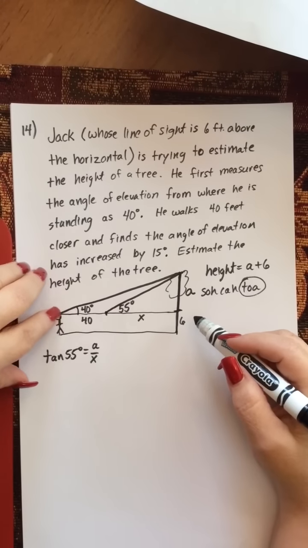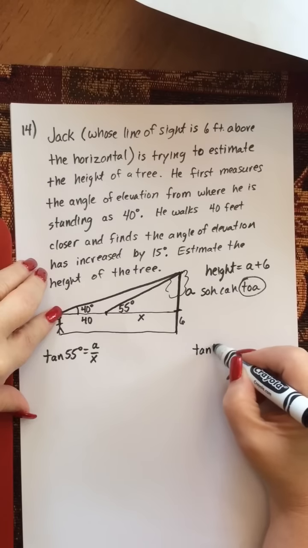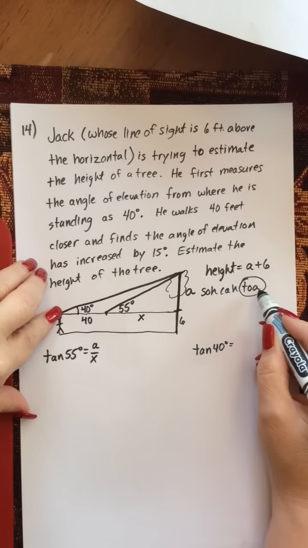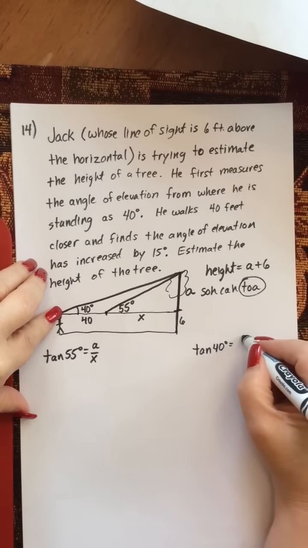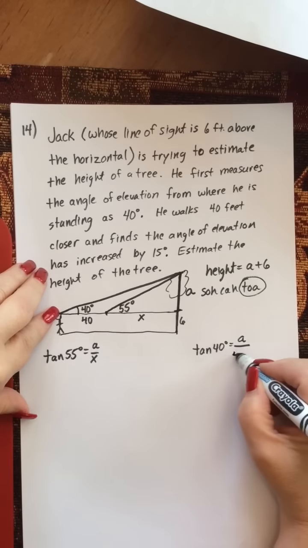And then when I'm over here at 40 degrees, I know that the tangent of 40 degrees is also equal to the opposite side, which is A, over the adjacent side, which is 40, because here's this 40 feet plus X. So 40 plus X.